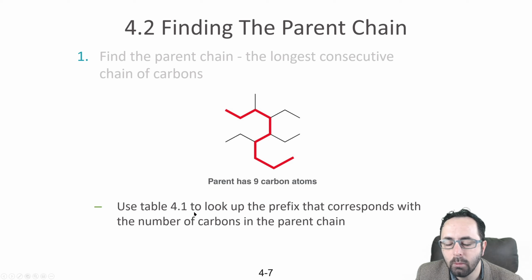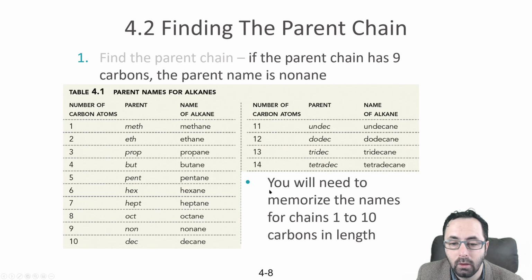Finally, use table 4.1 to look up a prefix. Really, you should memorize some of these prefixes. So these prefixes tell you how many carbons are in the longest carbon chain or in the parent chain. This one has 9 carbon atoms. So here are these prefixes.